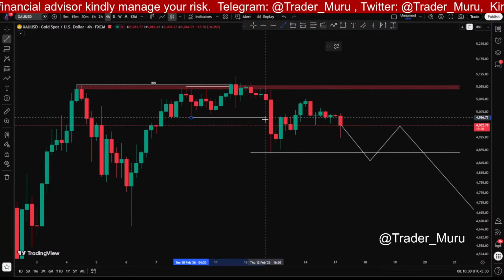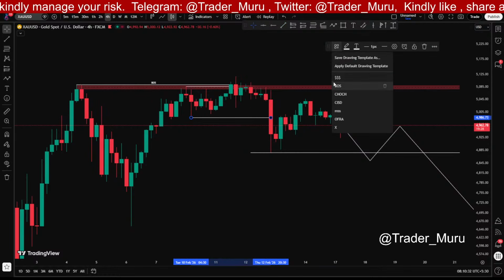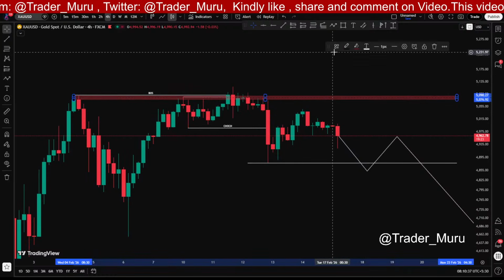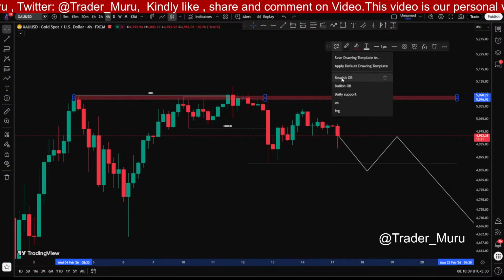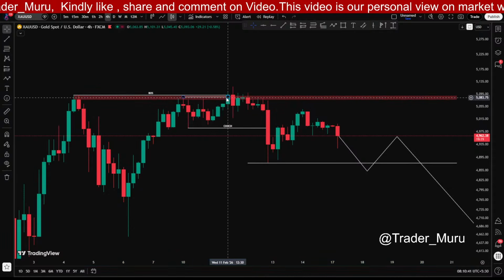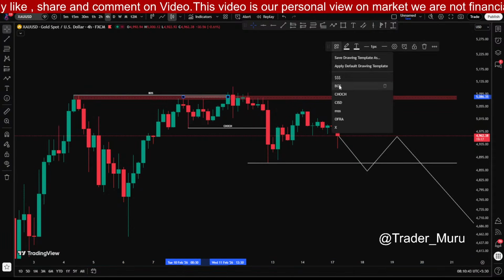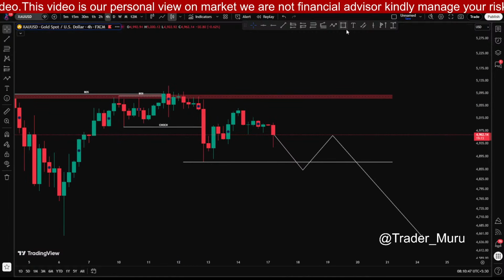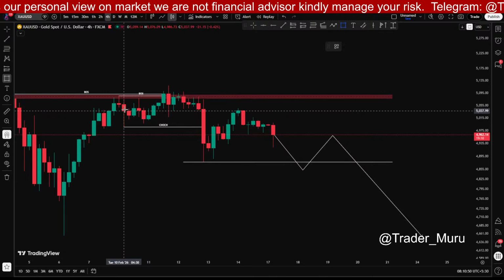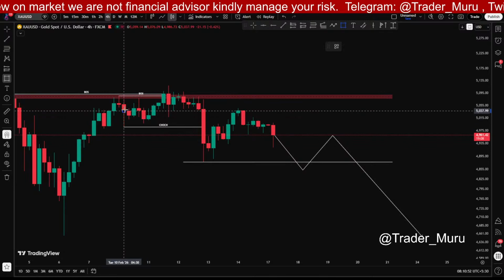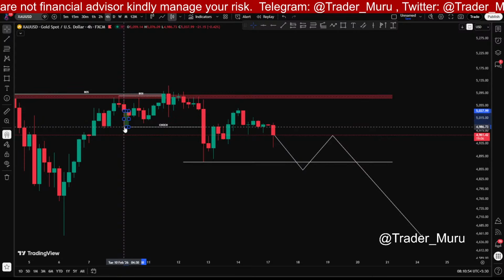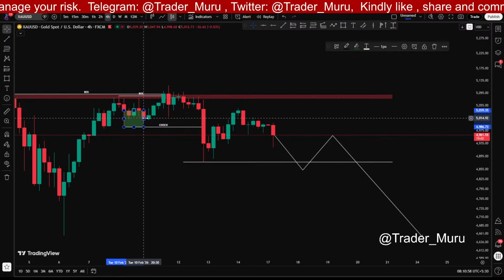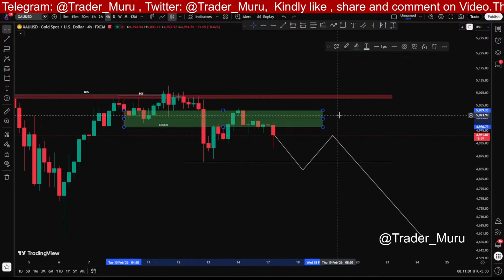And we have this 4-hour internal change of character, because this is internal structure. According to this internal structure, the first area from where gold should drop is this one, the lowest bearish close, and this zone here.